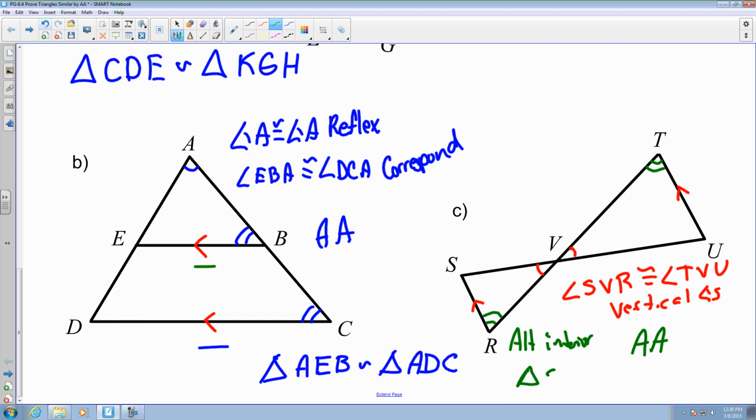I'm going to say triangle SVR is similar to triangle, and S and U don't have anything, so I'm going to say UT. Oh, I'm sorry, that's wrong. Let's try this again. So triangle SVR is similar to triangle UVT.